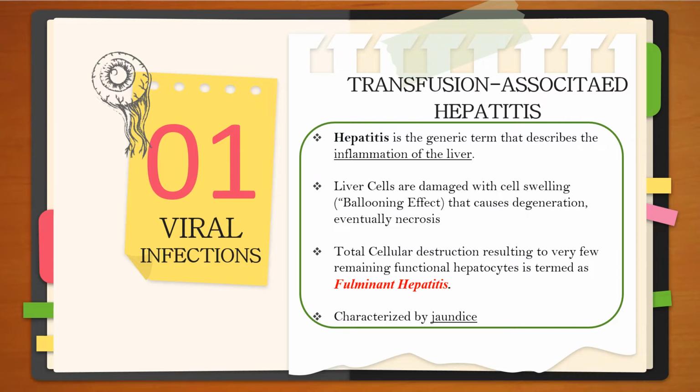When the number of hepatocytes that were destroyed from the infection, or primarily as the result from the necrosis, results to very few healthy hepatocytes remaining to maintain basic liver function, we term the disease progression as fulminant hepatitis.